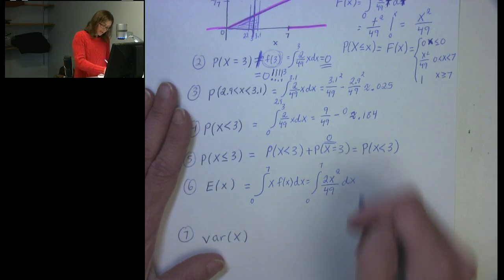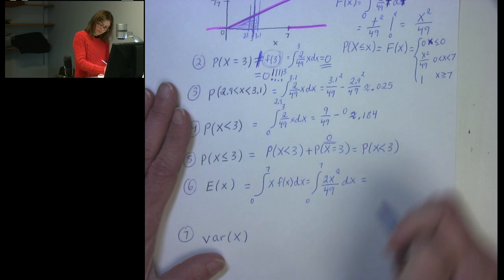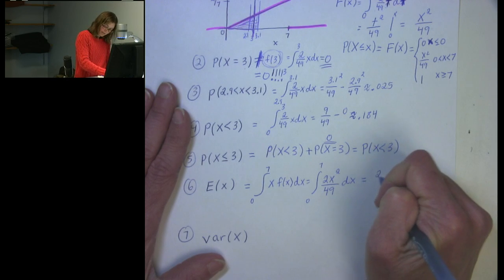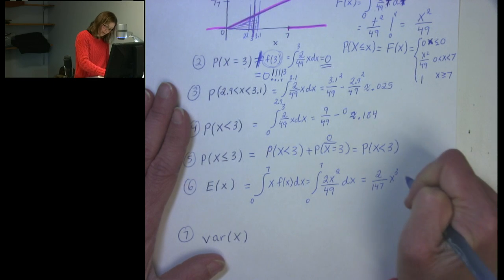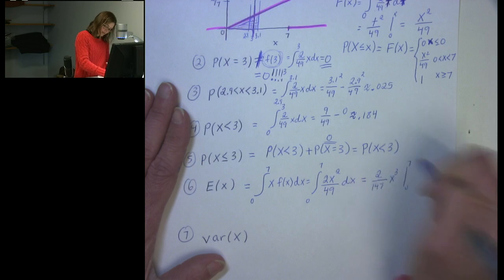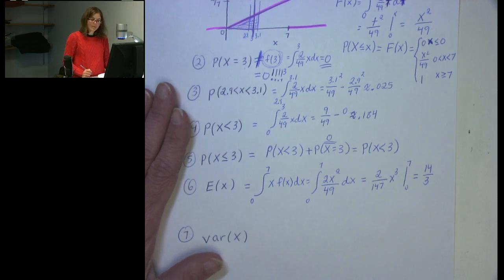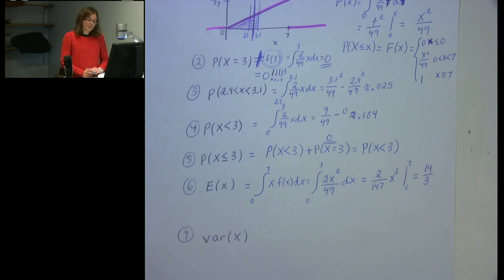When we integrate this, we'll get 2 over 147 x cubed from 0 to 7, and that's going to give us 14 thirds. So that would be our expected value. So just integrating x times f of x.